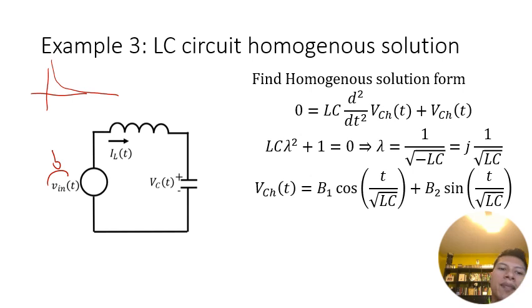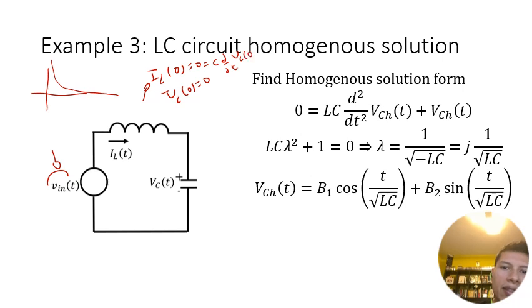Additionally, I'm going to assume that at time equals 0, IL of 0 is equal to 0, and Vc of 0 equals 0. IL of 0 being 0 tells me that C d/dt of Vc of 0 is 0. That's just another way of saying that the time derivative of the voltage is 0.